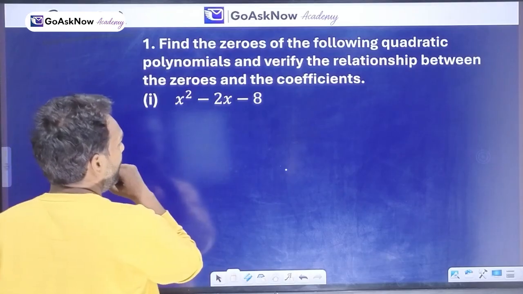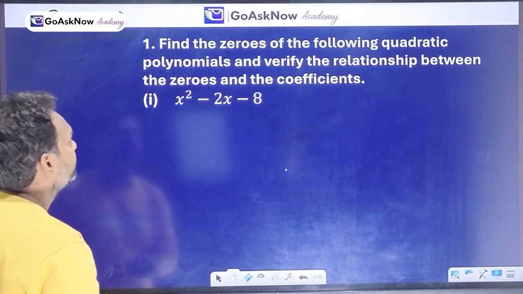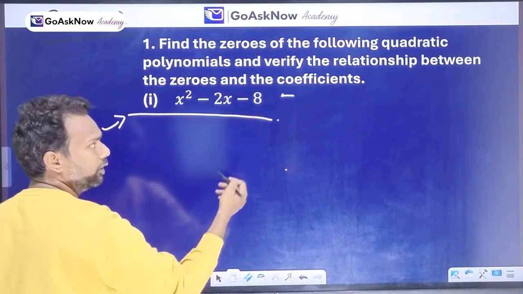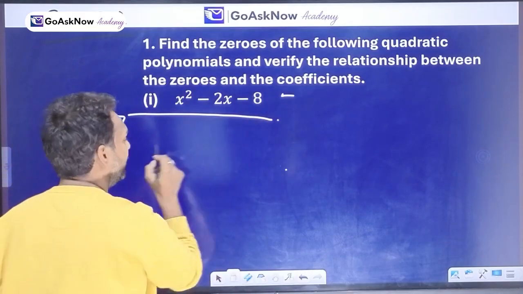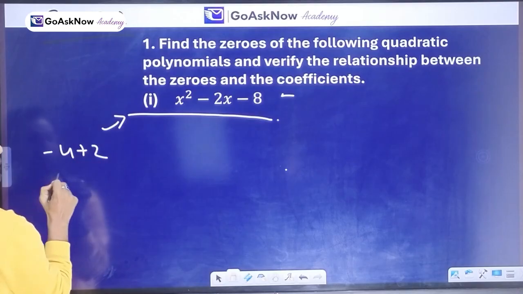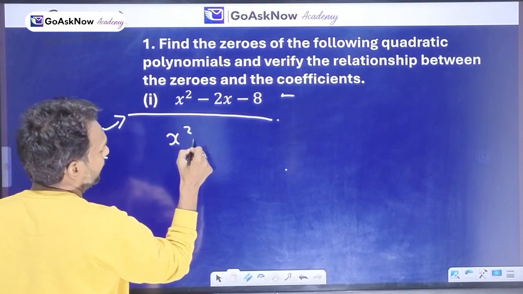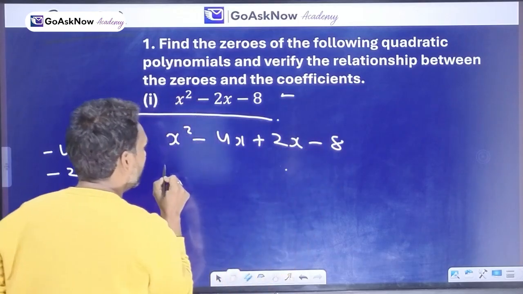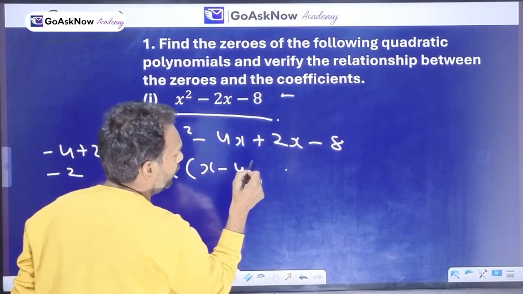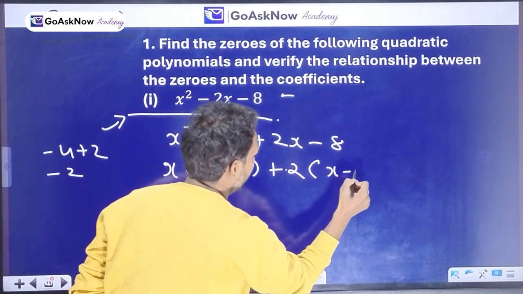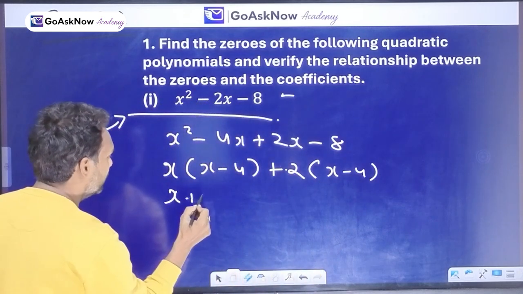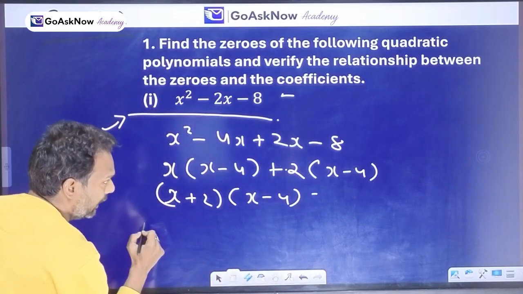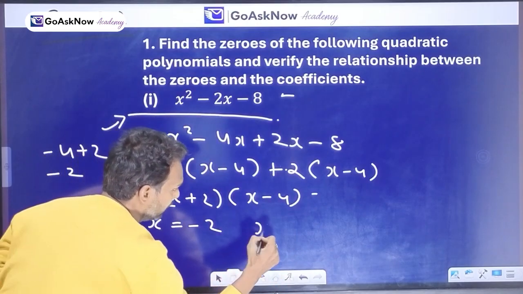So, by middle term splitting, we know that the factors of 8 are 4 and 2, and when minus 4 plus 2, we get minus 2. Therefore, this can be written as x square minus 4x plus 2x minus 8. Common is x, and this is x minus 4. Common is 2 and x minus 4. After that, x plus 2 and x minus 4. Then x is equal to minus 2 and x is equal to 4.